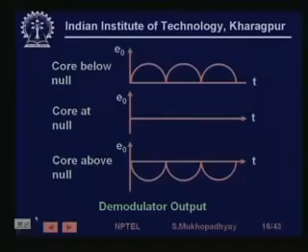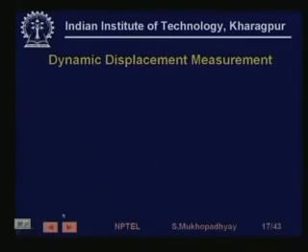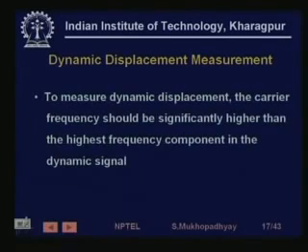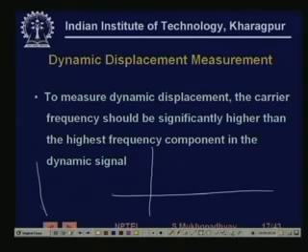If the motion is in the positive direction, it will give you a DC signal in the positive direction, and if it is negative, then it will give you negative. Now we can extend this concept a little bit. Suppose the motion of the core is a slow sinusoid like this.